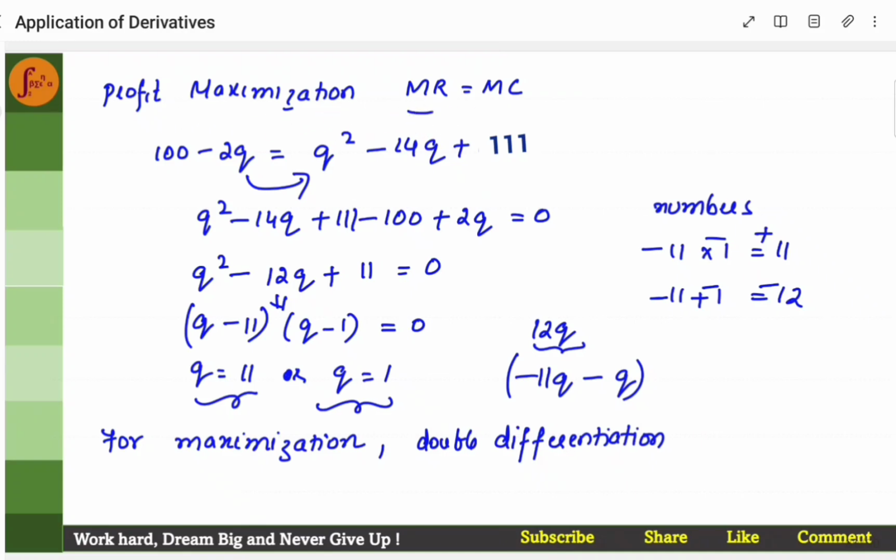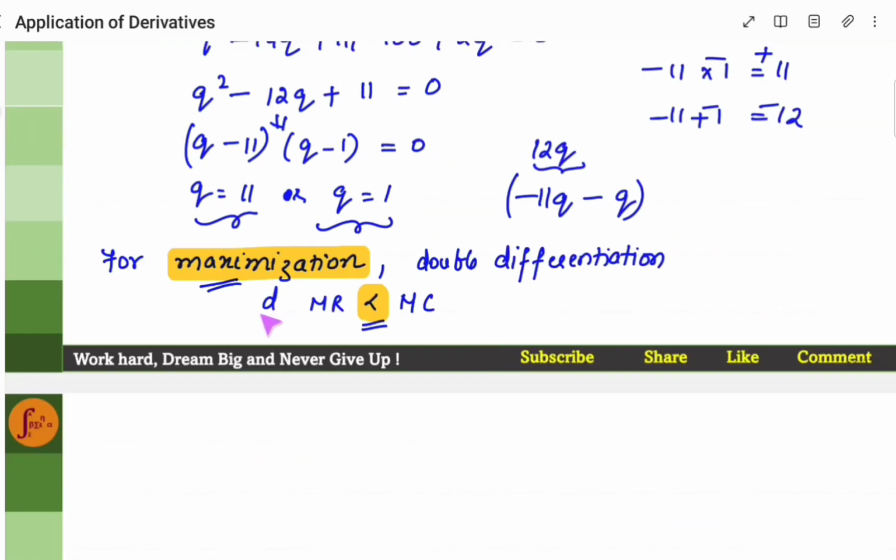We have MR is equal to MC. For maximization, the second order derivative of marginal revenue should be less than the second order derivative of marginal cost.